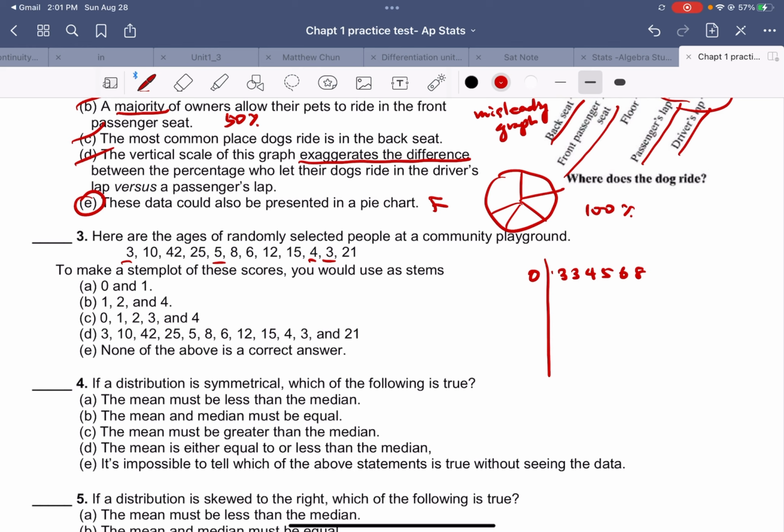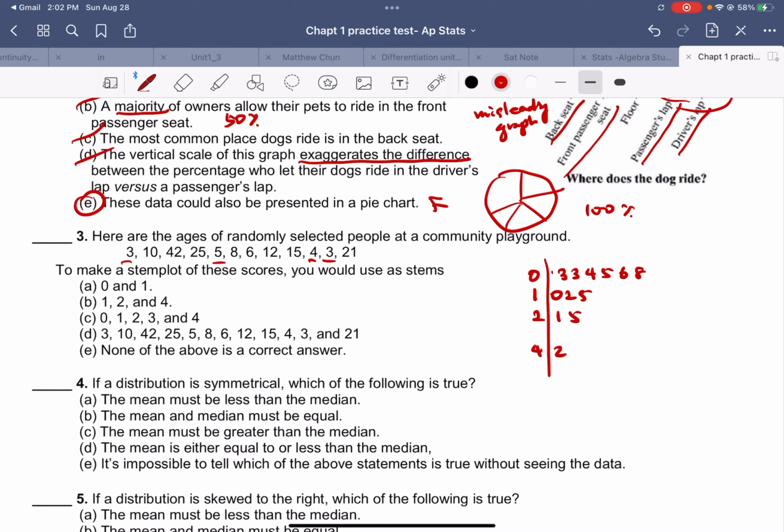Now, if you look at the tens range, so 10, and the next one is 12, and another tens, okay, so 15. Now 20, I see that 21, 25, right? And then there's a skip. There's no 30, but there's a 42. Things like that. It looks like that is an outlier.